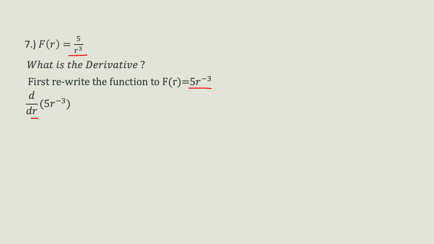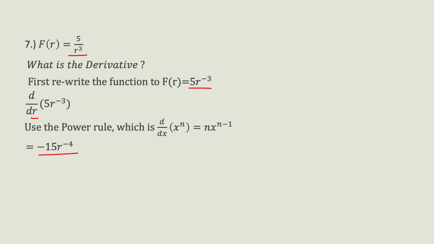We take the derivative and we get negative 15r to the negative 4. Using the power rule, as we studied in the previous problem, d dx of x to the n equals nx to the n minus 1, we move the power to the front, and then subtract 1 from the power. Our final answer for this problem is negative 15r to the negative 4.